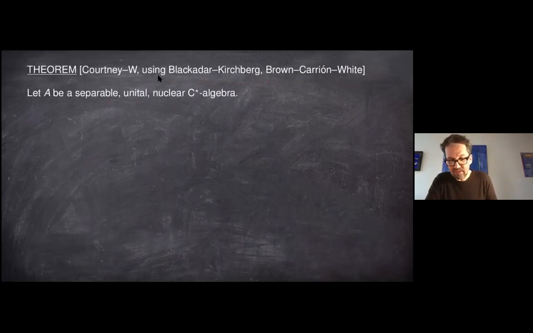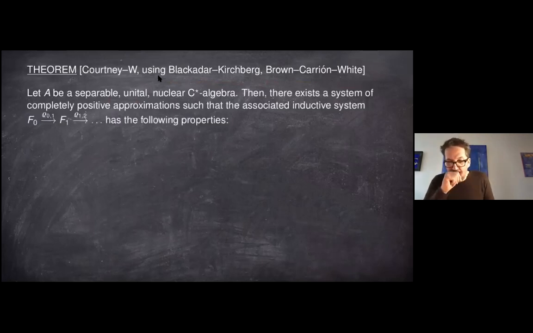So let me do this. Then there exists a system of completely positive approximations such that the associated inductive system of the finite dimensional C-star algebras with these completely positive connecting maps has the following properties. It's asymptotically order zero in the sense that I showed you.